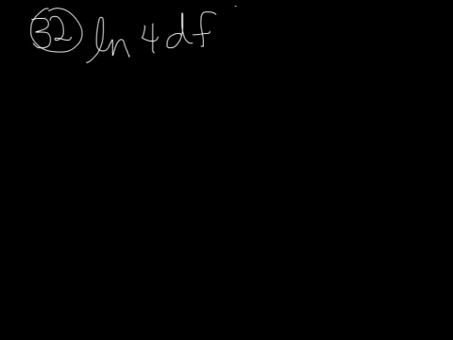The rules work the same for LNs. So on 32, we have the natural log of 4d f to the power of 5 all over the 8th root of 1 minus 3d.